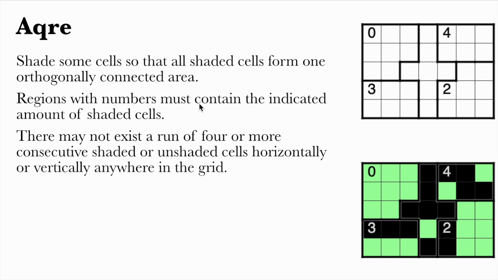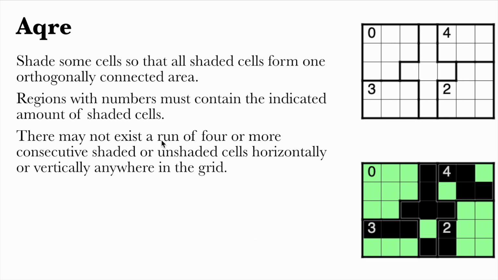Regions with numbers must contain the indicated amount of shaded cells. This is straightforward, so this 4 means that we have 1, 2, 3, 4 out of the 6 shaded. 0 means we have none at all. If there's no number given, we just have no information. So it is not the same as 0, it just means we don't know.